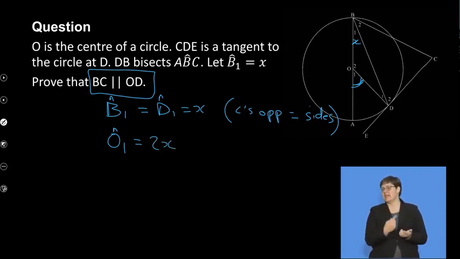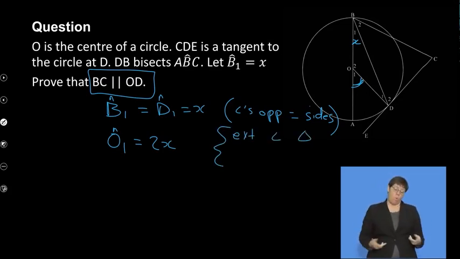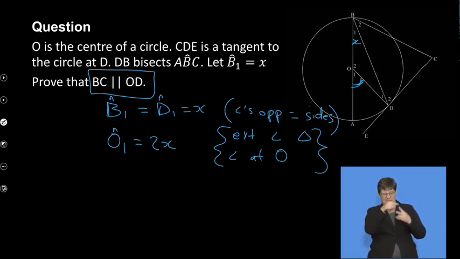You can either say it's because of angle at the center twice angle at the circumference, or you can say exterior angle of a triangle, right? So it's an either-or situation. So please do consider those.